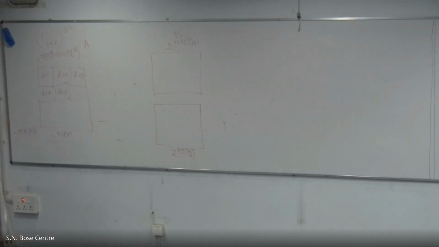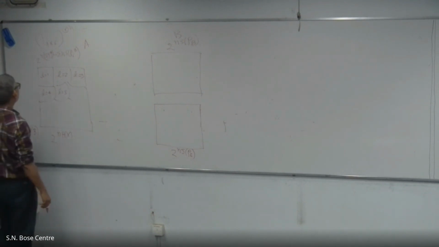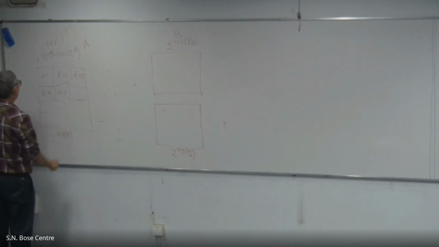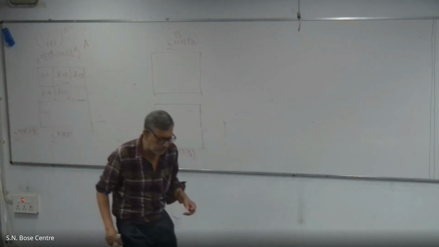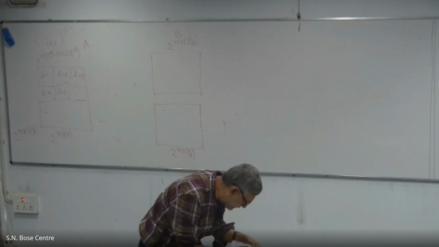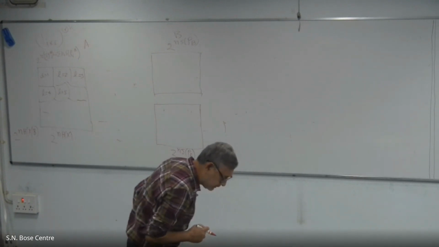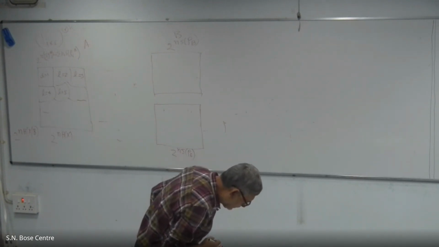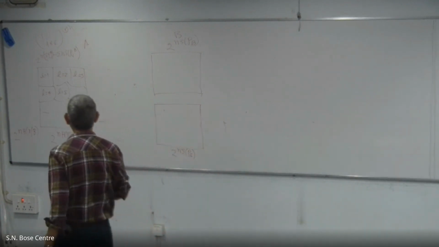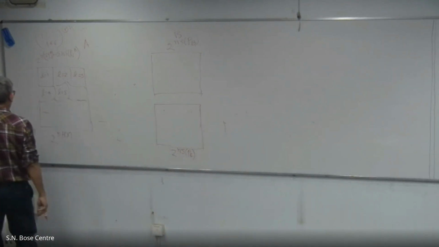Then I'm again writing this thing. It is that only, 2 to the power n H of X given B. That many boxes, L equal to that. That is the last number.